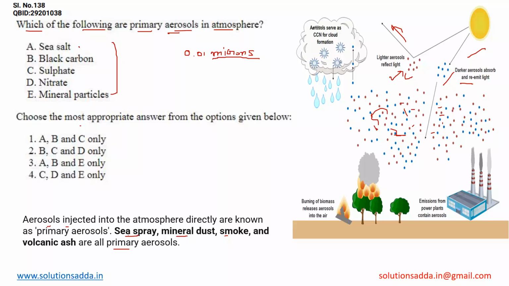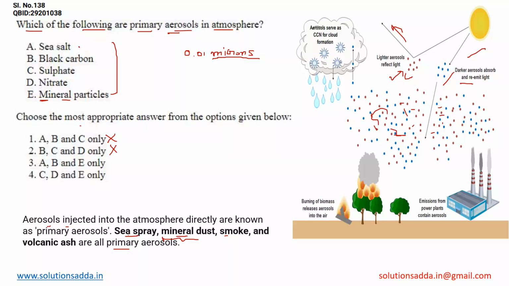From the options given here, we can see that mineral particles are there. The option which contains E, we can take that, otherwise eliminate the rest of the options. Options 1 and 2 we can directly eliminate, because from the definition we can see that aerosols can contain mineral dust. Mineral dust or mineral particles are the same thing.